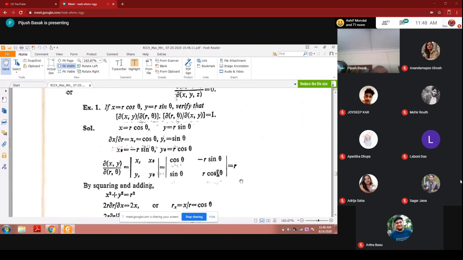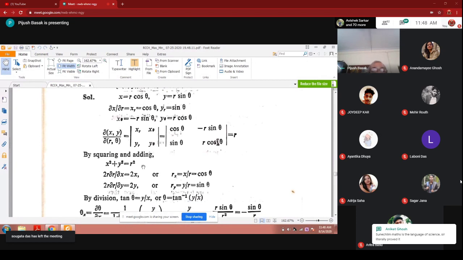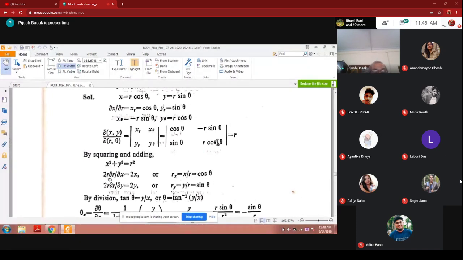Squaring and adding, x square plus y square is equal to r square. You see that x is equal to r cos theta, y is equal to r sin theta, so you get x square plus y square is equal to r square. Now partially differentiate with respect to x: 2r del r del x is equal to 2x.